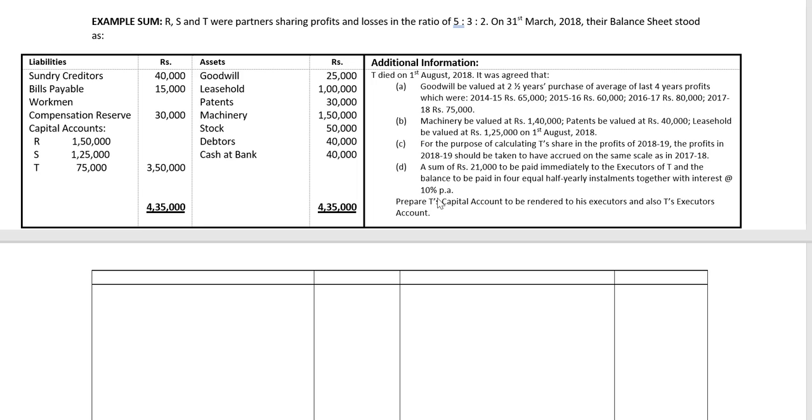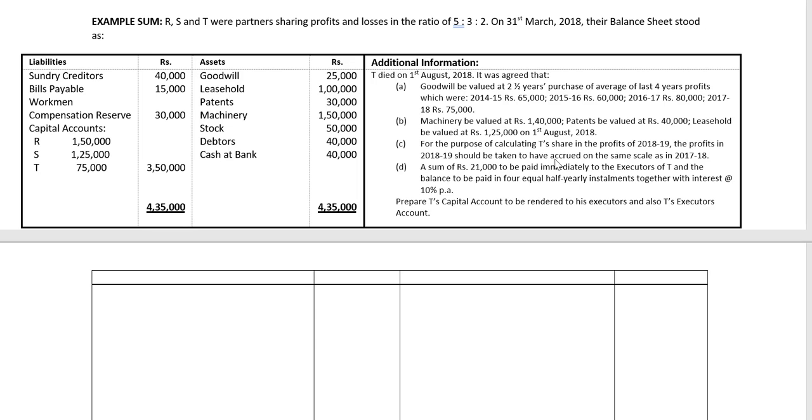T died on 1st August 2018. It was agreed that point A, goodwill be valued at 2.5 years purchase of the average of last 4 years profits, which were: 2014-15, rupees 65,000; 2015-16, rupees 60,000; 2016-17, rupees 80,000; and 2017-18, rupees 75,000.